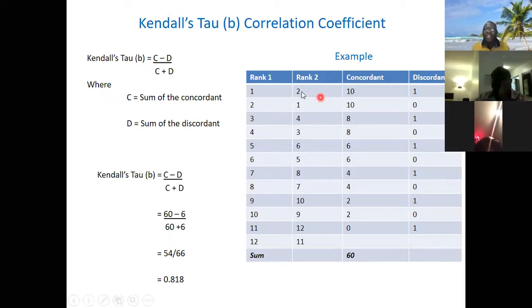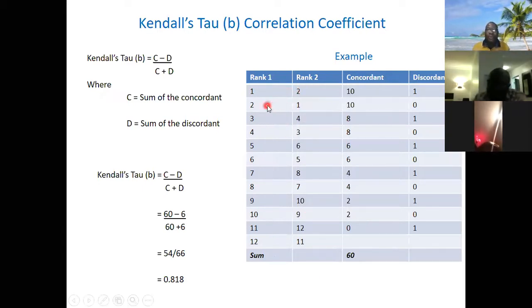If they are above it, that shows that there's concordance. The number of these that are above, from the second one down, will be the concordant. That's how you do it.